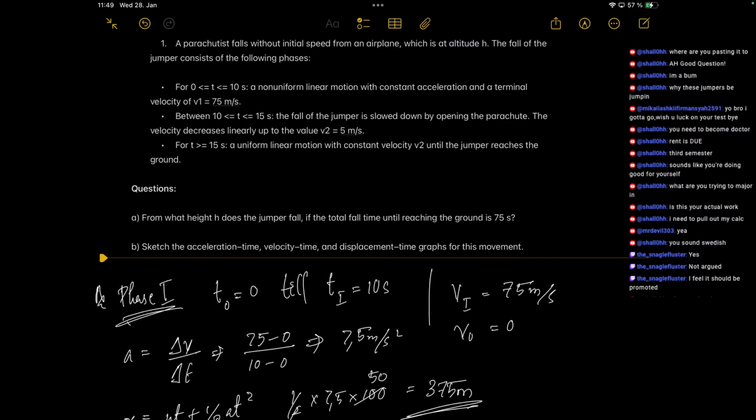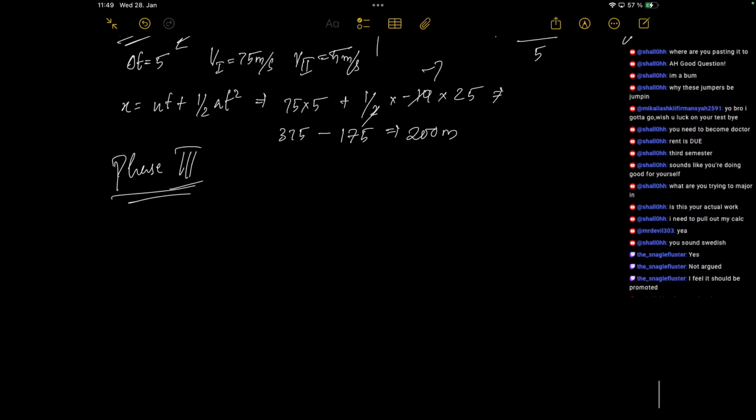Okay, uniform, I get it. So now T2 equals 15 seconds and T3 equals 75 seconds. Delta T equals 60 seconds.